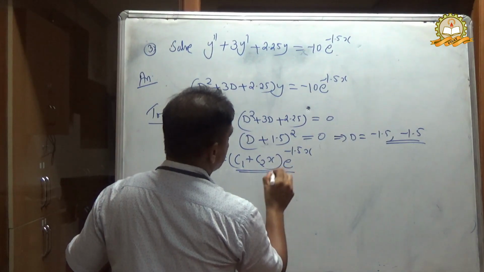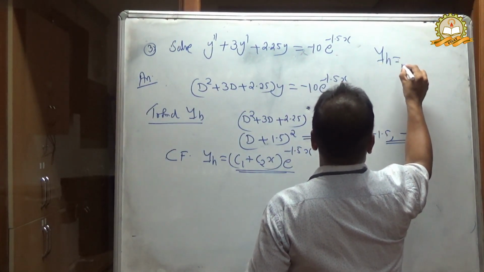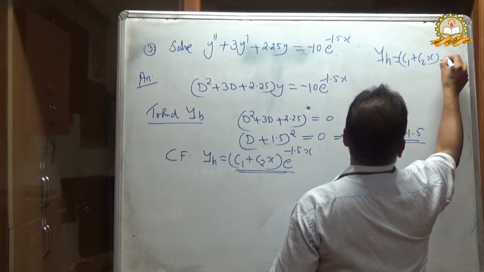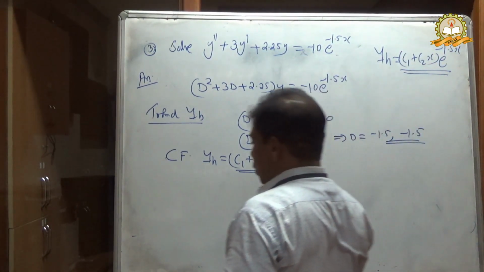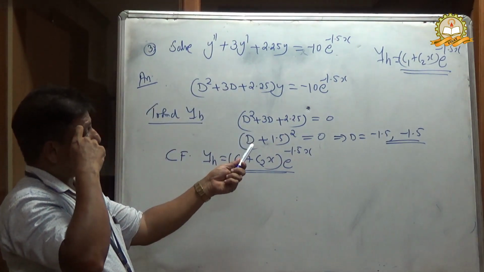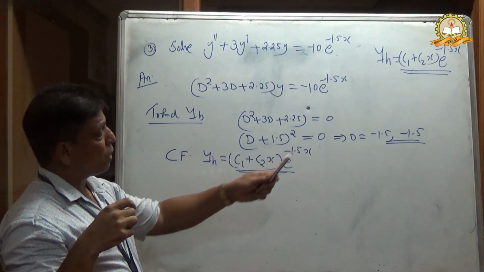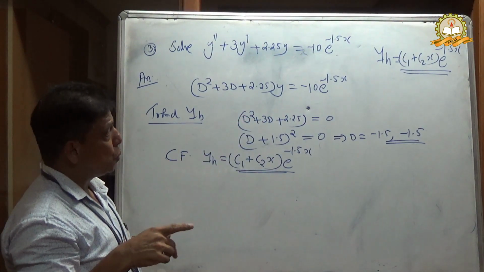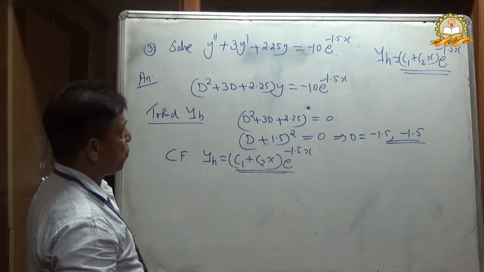This is the homogeneous solution. When we solve the quadratic equation, we get the roots D is equal to minus 1.5, minus 1.5. The roots are repeated. Therefore, we apply case 2. Case 2 says that (c1 plus c2x) into e raised to minus 1.5 into x.